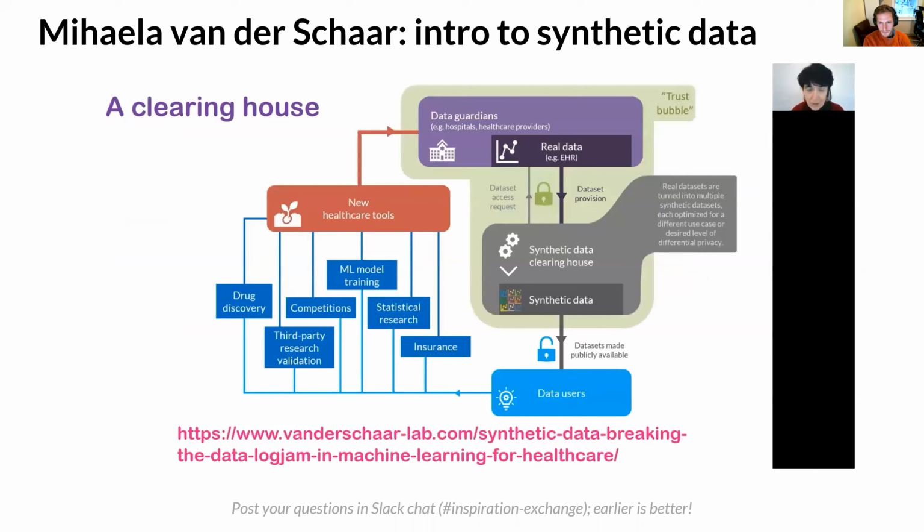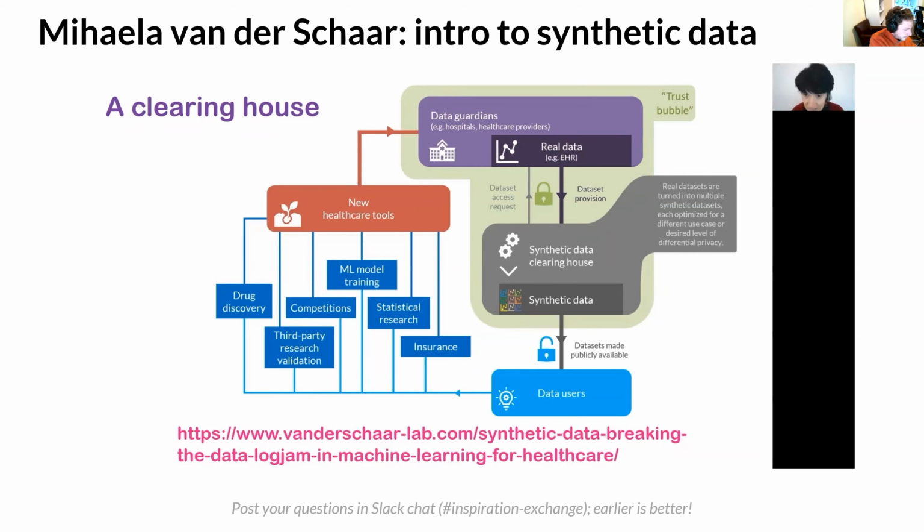If we can do that, we can then create clearinghouses for such healthcare data sets. The data guardians can provide to a synthetic data clearinghouse the real data, and synthetic data can be generated associated with the desired privacy and fidelity guarantees that the data guardians have required.